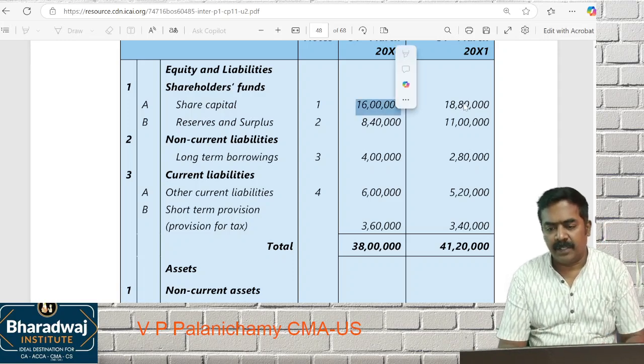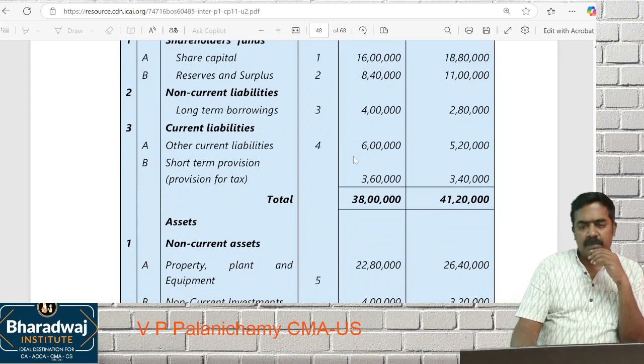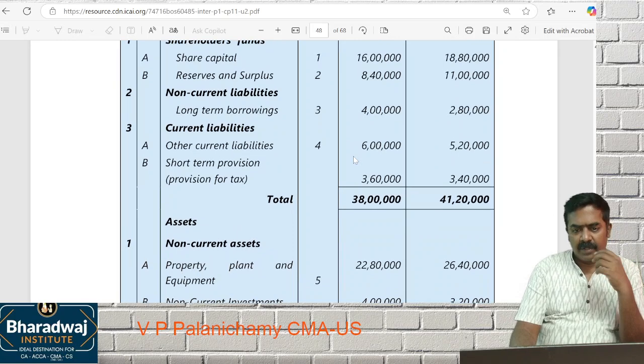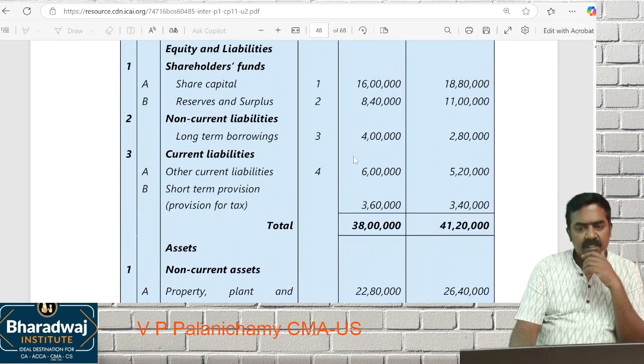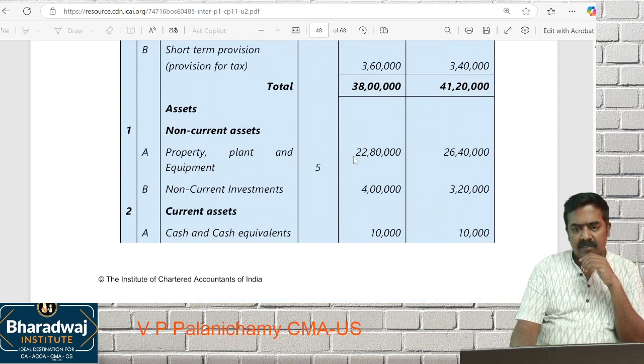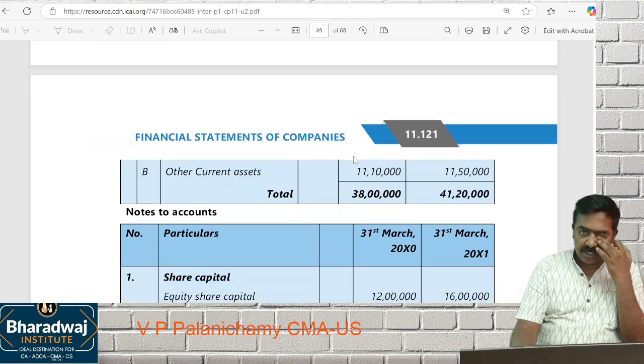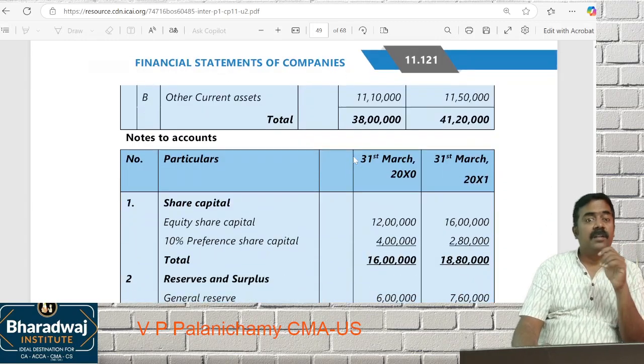Share capital, opening balance 16 lakhs, closing balance 18 lakh 80 is given. Reserves and surplus are given. Long-term borrowings, other current liabilities are given. Provision for tax is given. PPE, non-current investments, cash and cash equivalents are given. It will be practical question number 12. Do you have it?